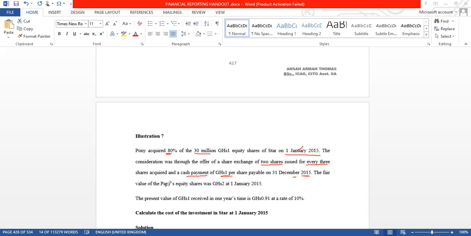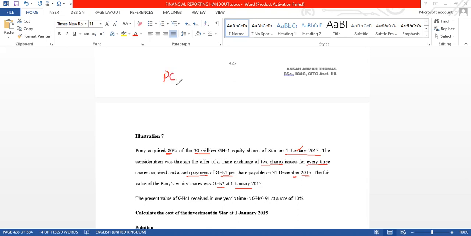Fair value of Pony's equity share was 2 cedis at the date of acquisition. We should calculate the cost of the investment. All right. So what do we need to do? There are 2 things here. There is deferred, and there is also a share for share exchange. So let's tackle the share for share.